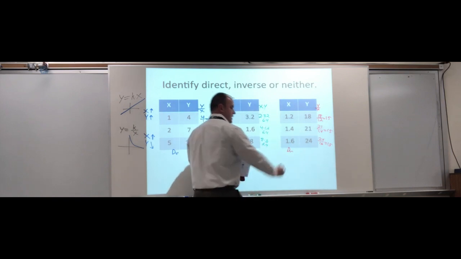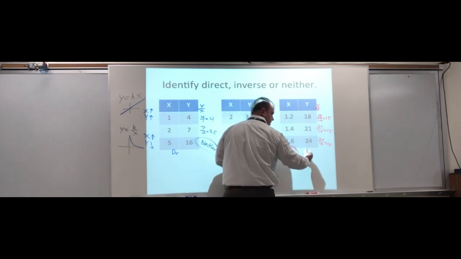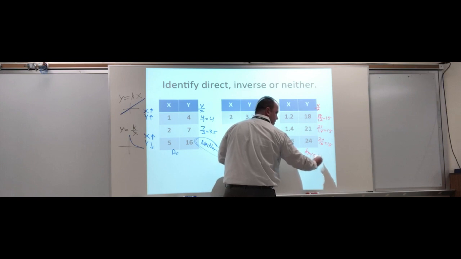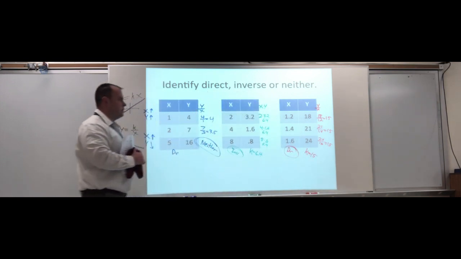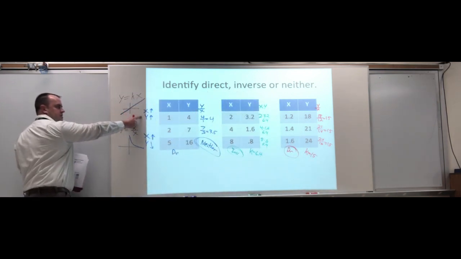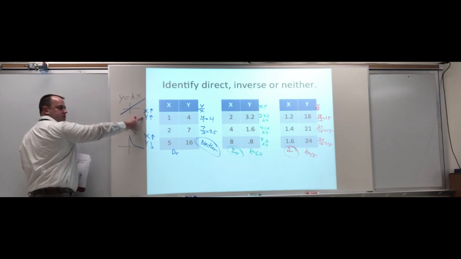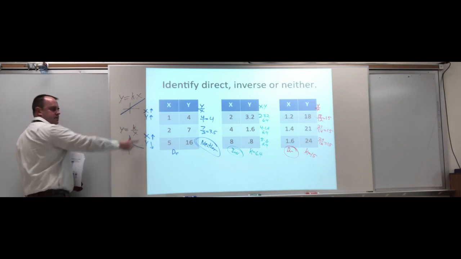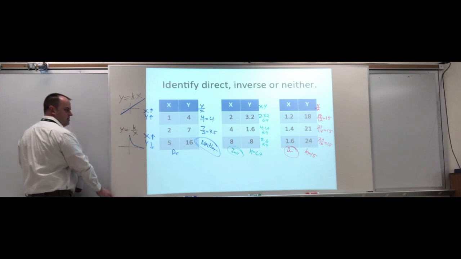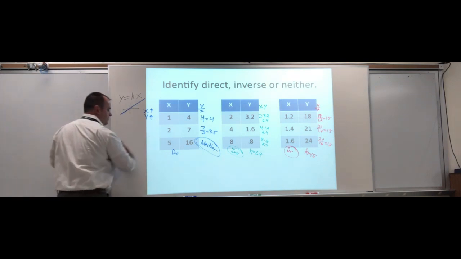So they're all 15. Yes, it is direct variation. K equals 15. So there's the verifying. Think about how x and y are related. X increases, y increases, it's direct. X increases, y is decreasing, it's inverse.